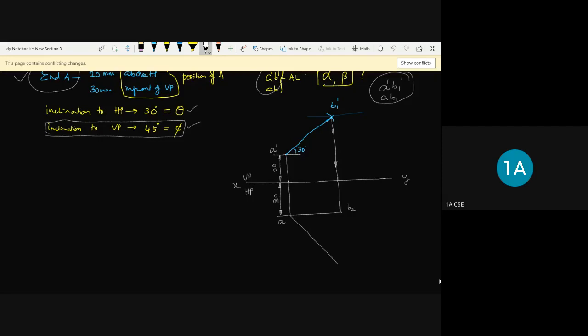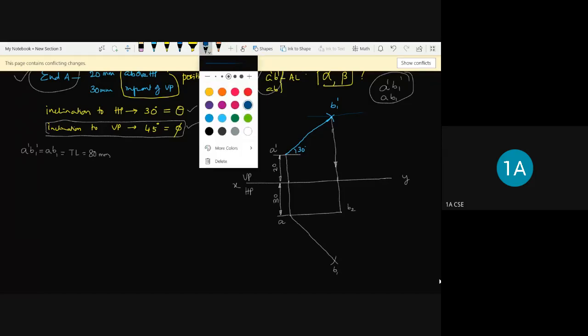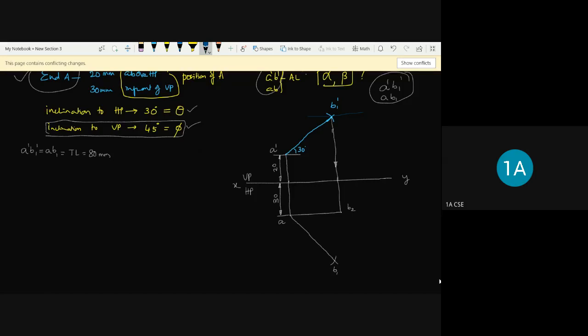Like this, and cut this line with the true length, that is AB1, which is equal to 80 mm. So A dash B1 dash is equal to AB1, equal to the true length of the line, that is 80 mm. Once you draw this true length of the line, we can go for drawing the locus through B1, which means this line has to pass through B1.